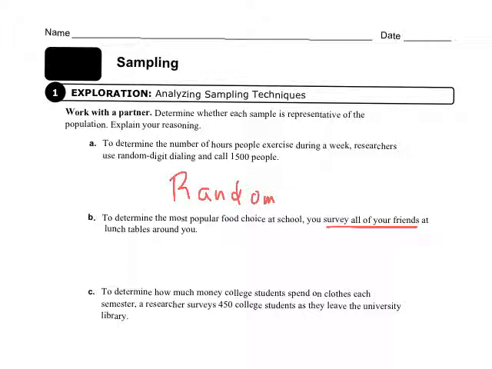So if you're ever asking a fashion question or a food question or any kind of preference question, it's questionable when you start polling people that are friends with each other. That's when it becomes non-random, because it's likely that our survey will be swayed by that one individual group rather than having lots of different people. So we would call this non-random.